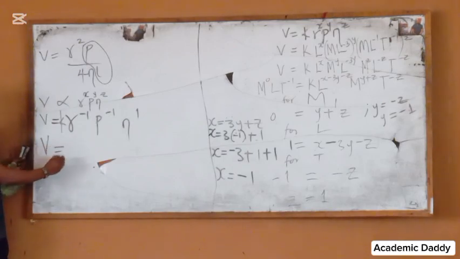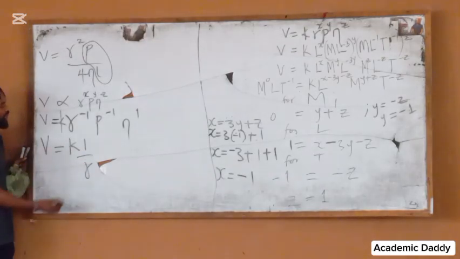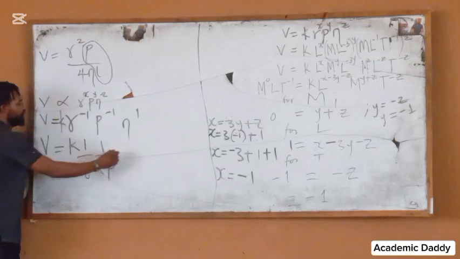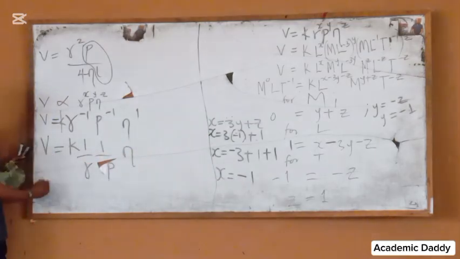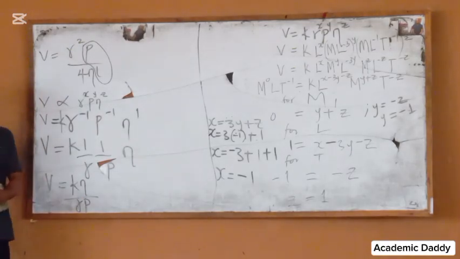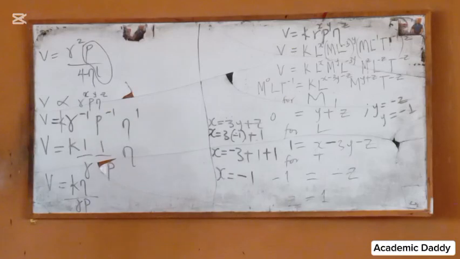So V will simply be equal to K times 1 over r, then 1 over rho, then our viscosity, so that V is equal to K viscosity all over r rho. That is what we have, and this is what is correct. To get the dimensionless constant, I will now equate. Please copy this, this is the correct answer.